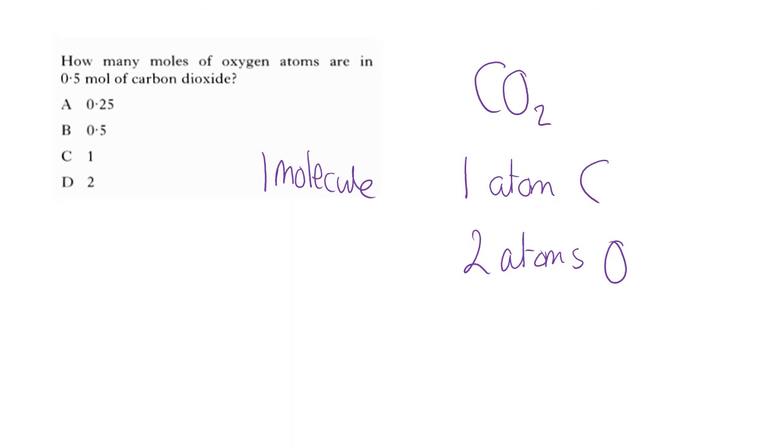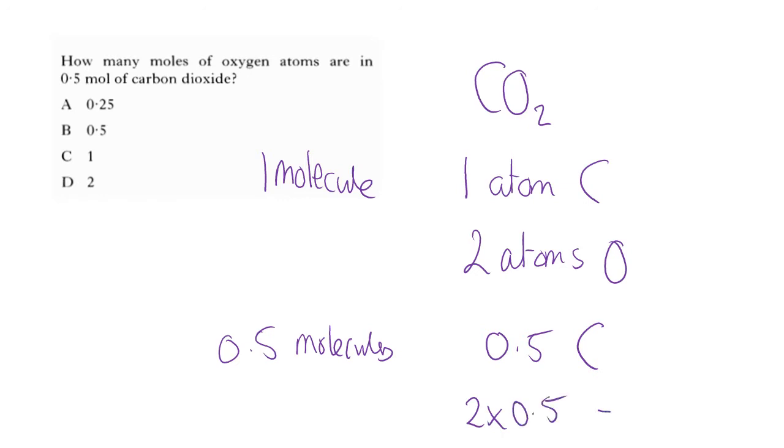So if we have 0.5 moles, we're going to have 0.5 carbon and we're going to have 2 times 0.5, which equals 1 of oxygen. So our moles of oxygen works out at 1.